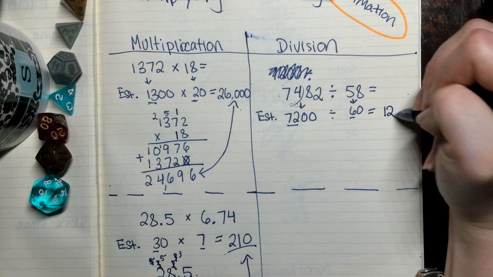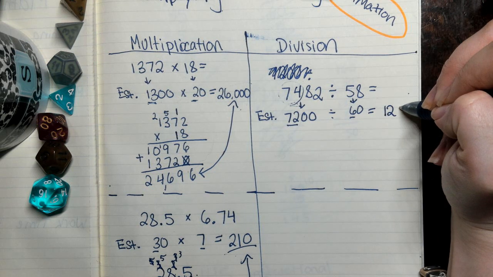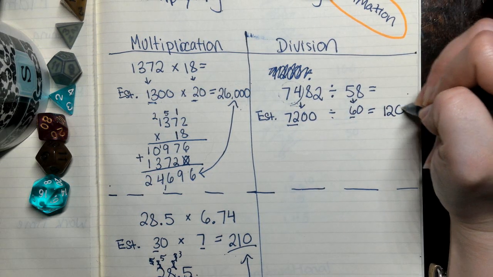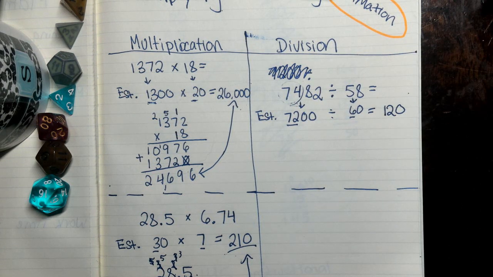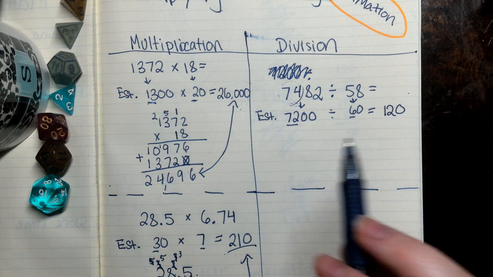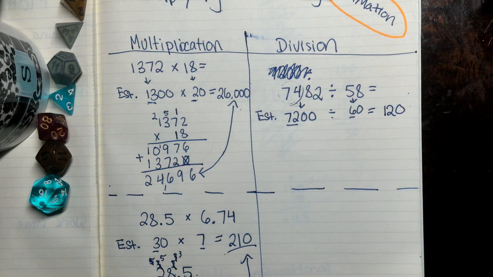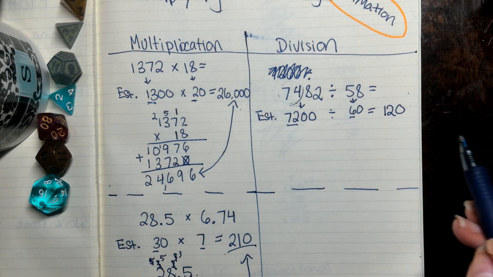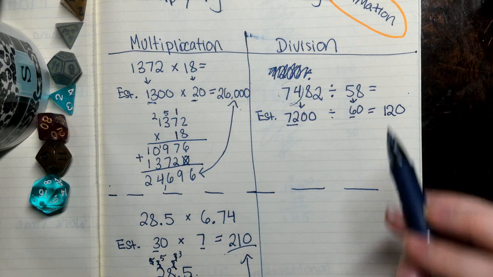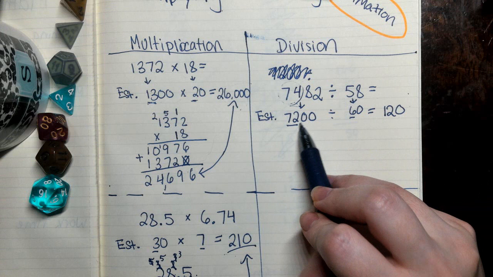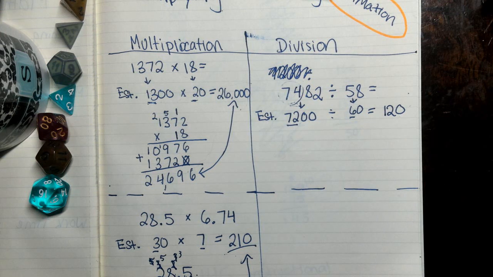We said earlier it was 12. And then, this is kind of weird, but the zeros cancel each other out. It's just 120. Just thinking estimate and reasonableness-wise, it wouldn't be 1,200, because that would mean 1,200 times 60 would equal this. Whoa, no it doesn't. That would be a much bigger number, right?